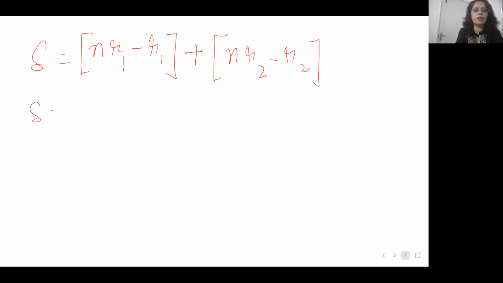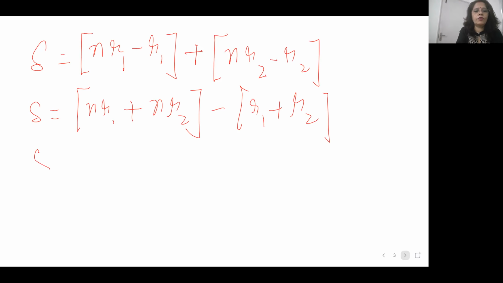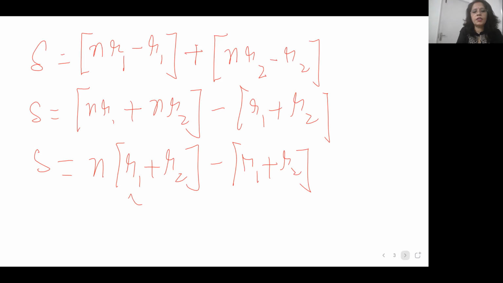So we get N R1 plus N R2 minus R1 plus R2, which we can write as N times R1 plus R2 minus R1 plus R2. Now what is this R1 plus R2? This is your angle of prism, which we have already done. So deviation delta is equal to N A minus A.